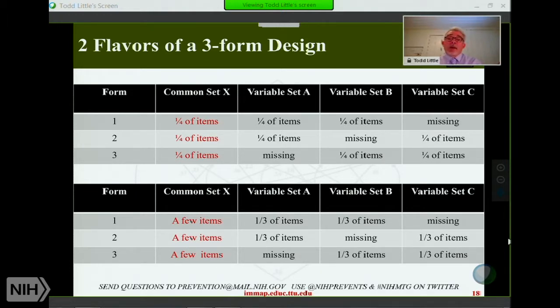Those are missing completely at random. On the bottom side, I've created a more aggressive version of the multi-form design where I'm putting about 1/3 of the items into variable sets A, B, and C, so that about 1/3 of the items are not being presented by utilizing this missing completely at random mechanism, by assigning form to person.